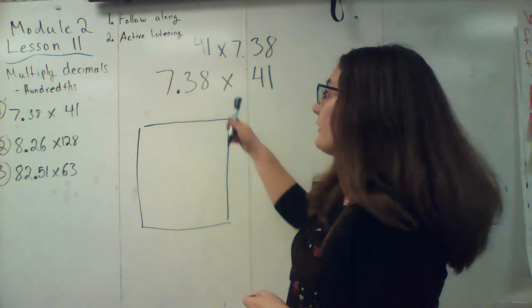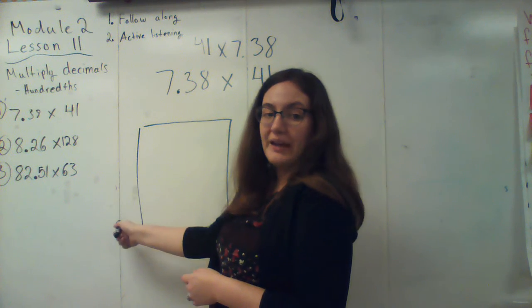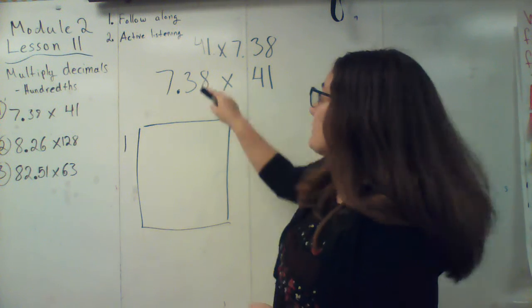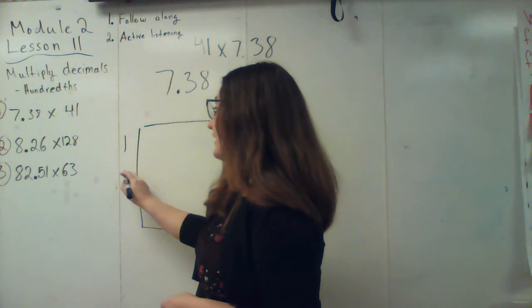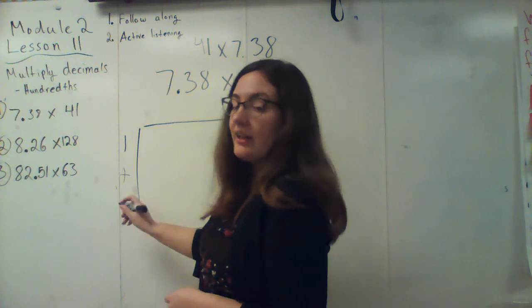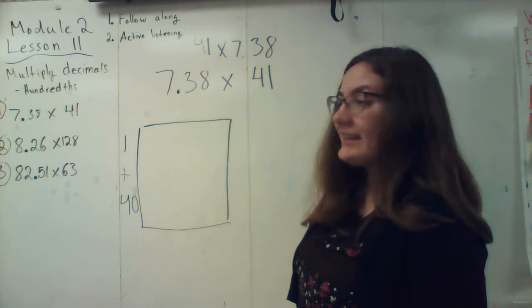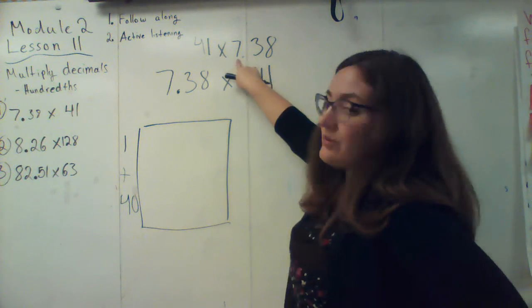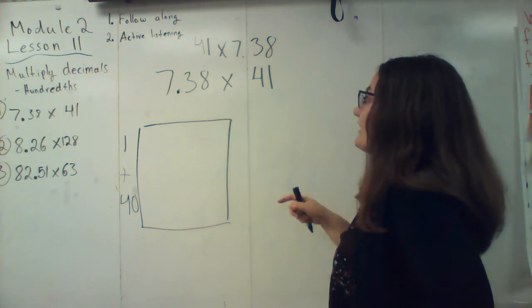So my first step will be to take my first factor, 41, and write it in expanded form off to the side. Remember, I like to use my smallest place value first and then make my way to my largest place value. So I have 1 plus 40, so I have 41 on the side. And then at the top, I now need to take the 7.38 and write it up here. But I first need to decompose it.